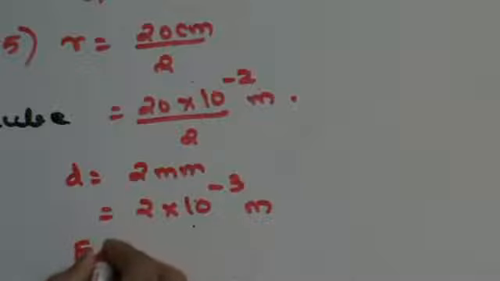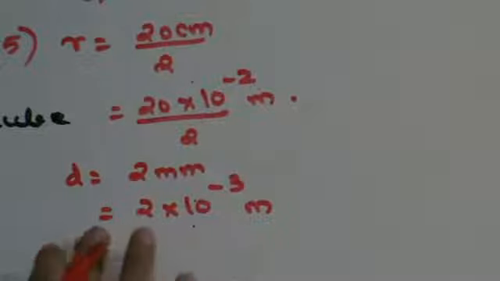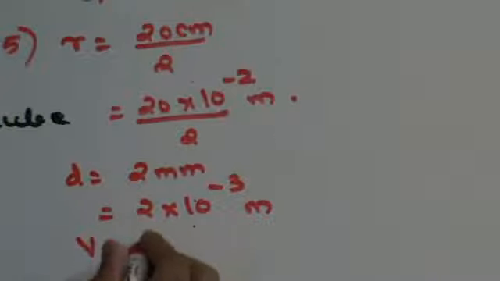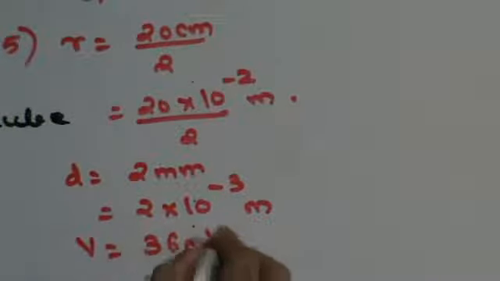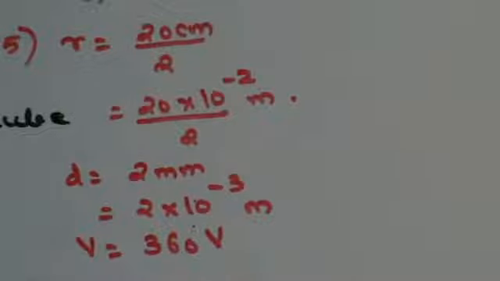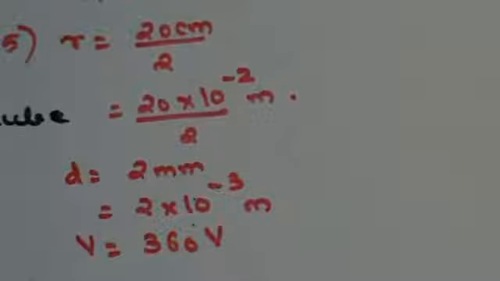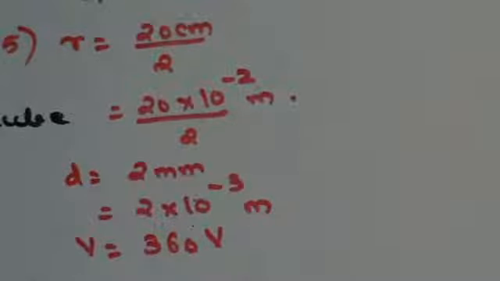If the potential difference between the plates is maintained at 360 volts, calculate the capacitance and the charge. Also find the electric intensity.